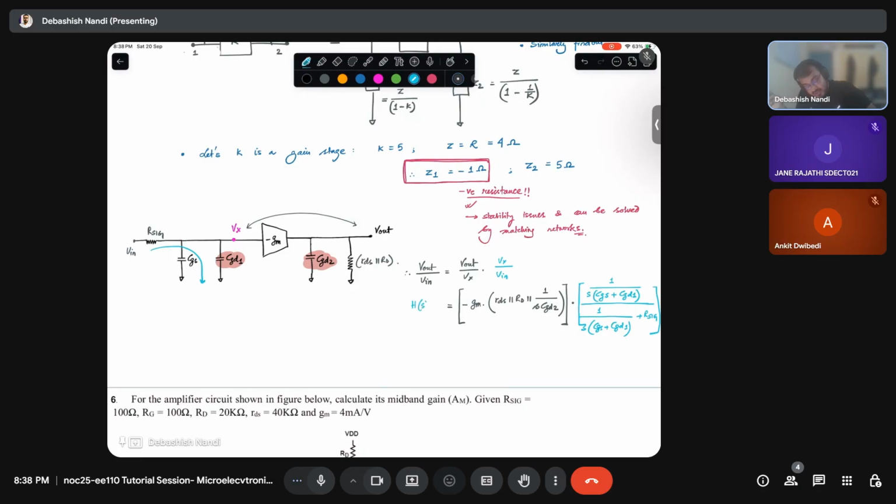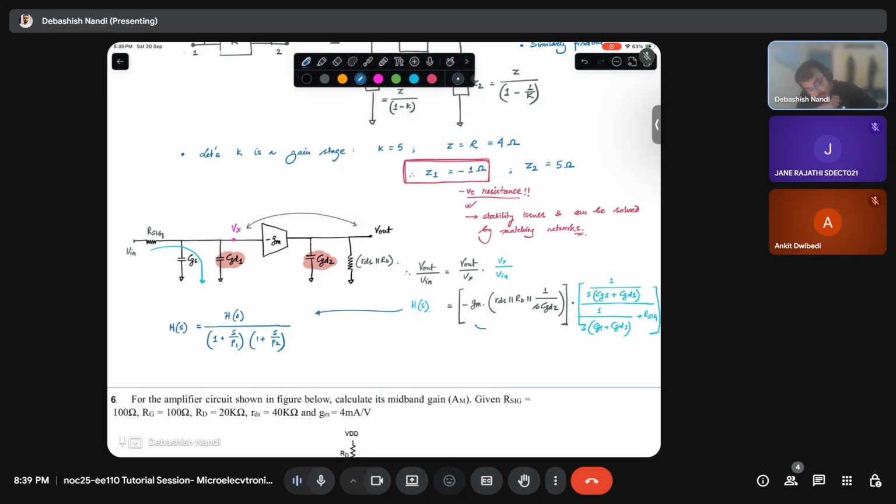H of S. Next step, what do you do? You simplify H of S in the form of poles. And why is it easier to do?